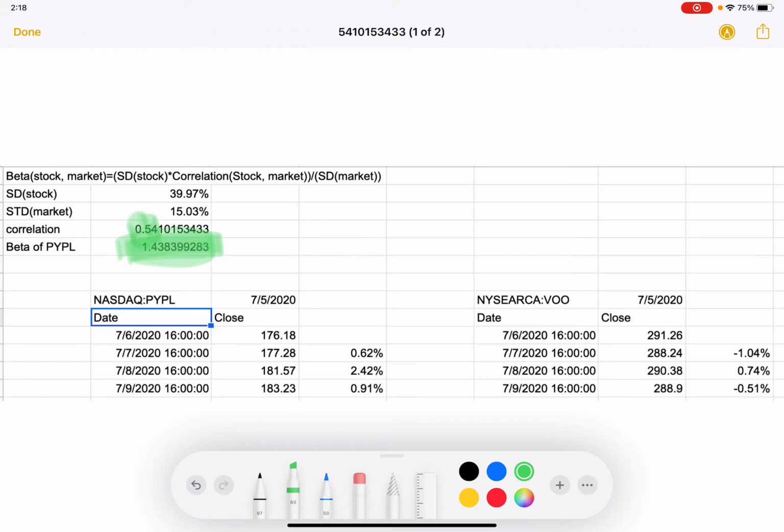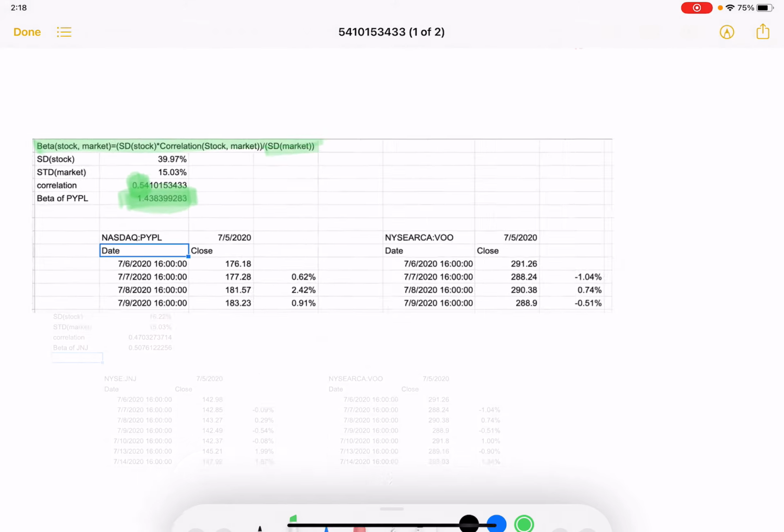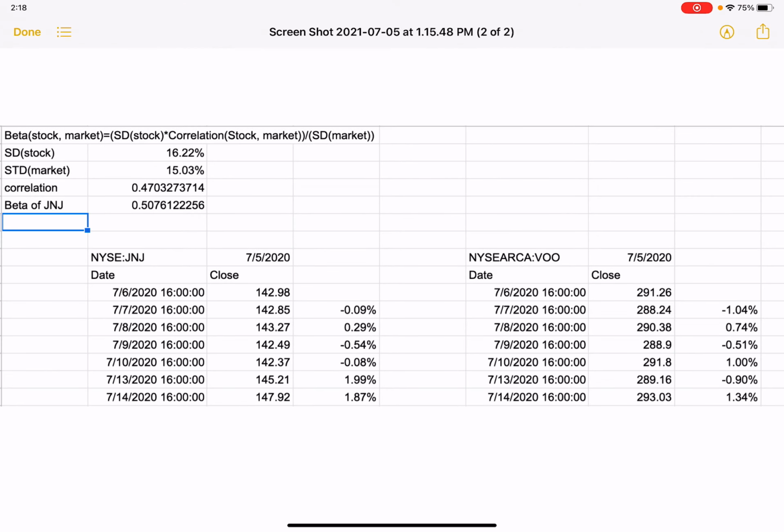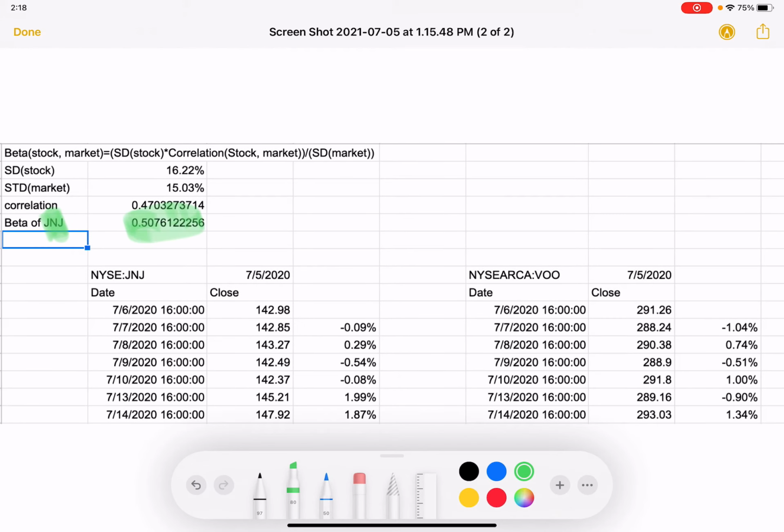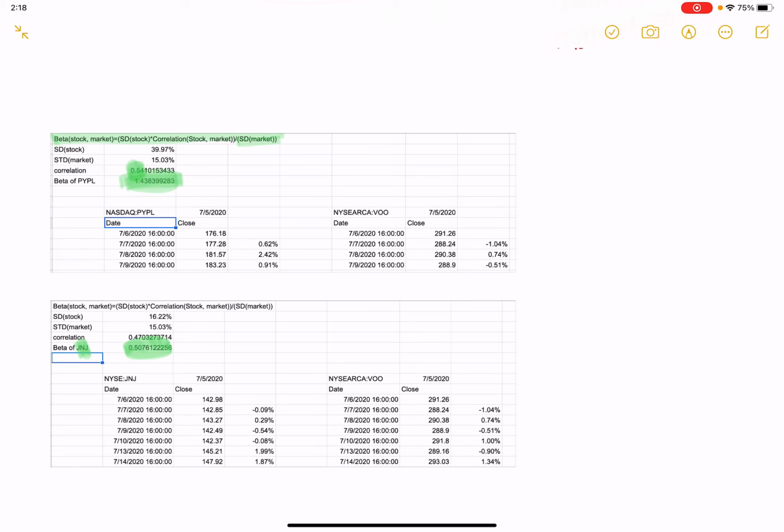We can also see the correlation, and how I made this calculation in Excel. Beta of a stock is the standard deviation of the stock, times the correlation of the stock with the market, divided by the standard deviation of the market. Similarly, I calculated the beta of Johnson & Johnson, which is 0.5, versus PayPal at 1.4. So check out the Excel file.